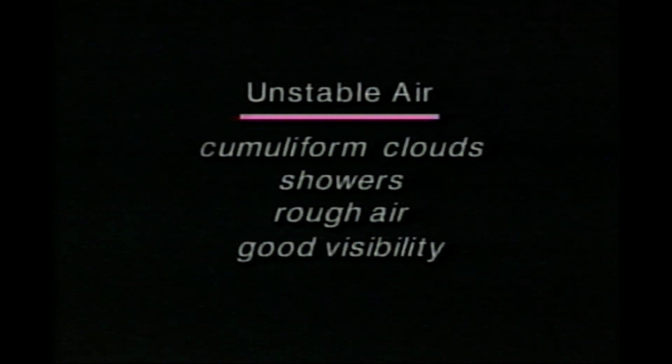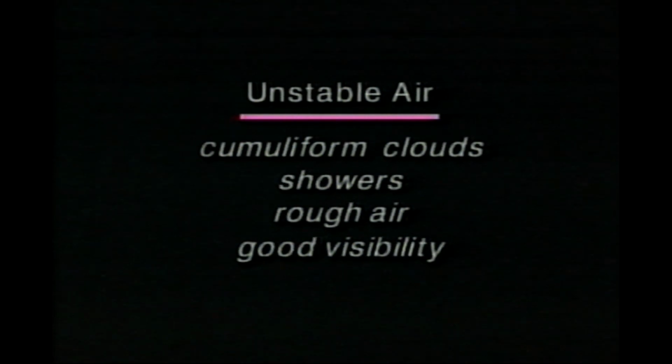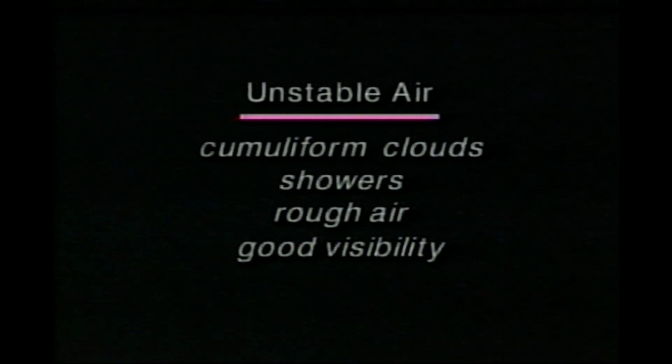Unstable air tends to have cumuliform clouds, which are puffy cotton ball types of clouds, and thunderstorms. Any precipitation will be in the form of showers. There will usually be rough air, and visibility will be good, except in blowing obstructions.